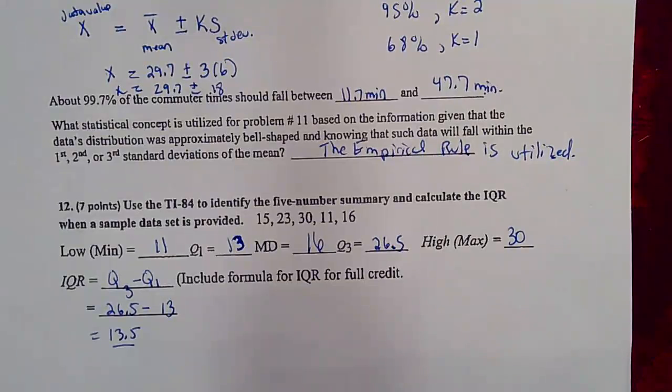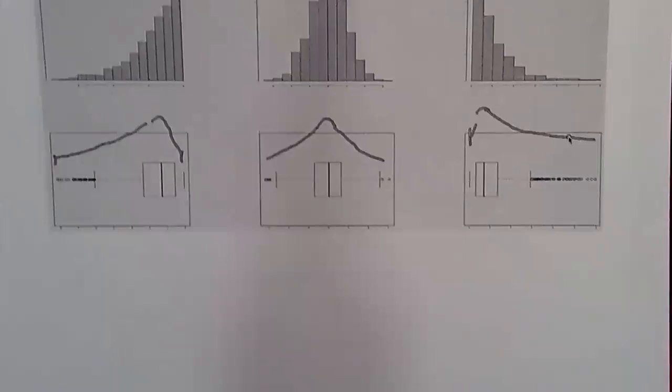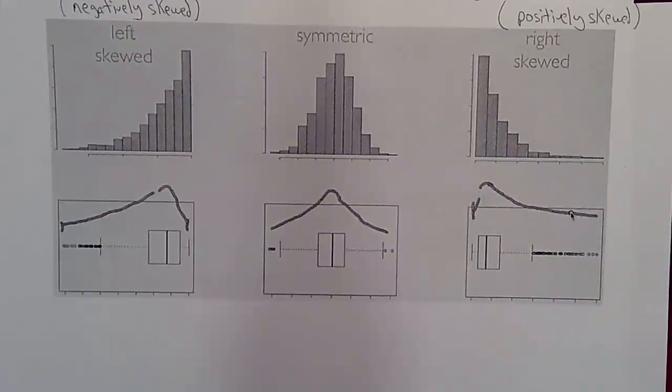I'm just looking at my 3.4 notes, reminding myself of these figures here. But we actually covered that on one of the first problems on the first page. Remember the length of your whiskers. The longer the whisker, which side it's on, it tells you if it's left skewed, right skewed, or symmetric. I think that's what I was thinking about. I had forgotten we did that on the very first page.